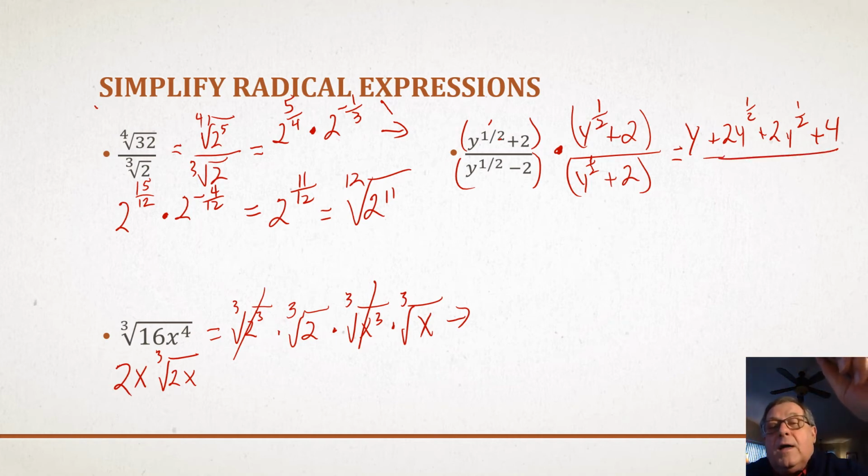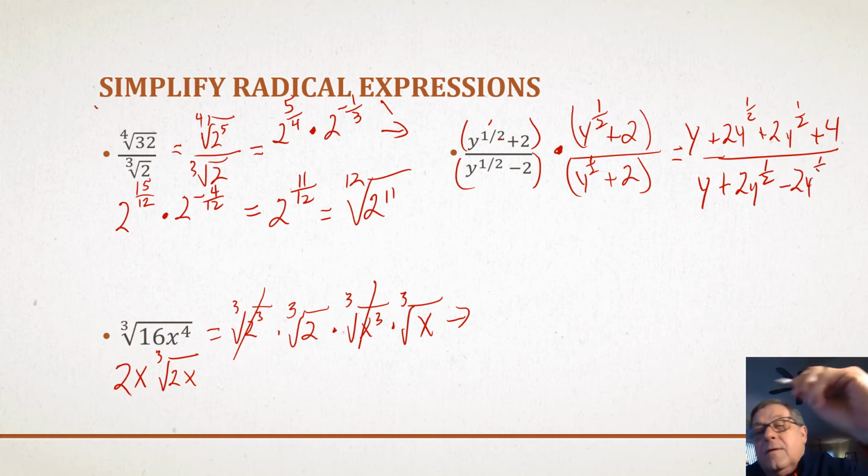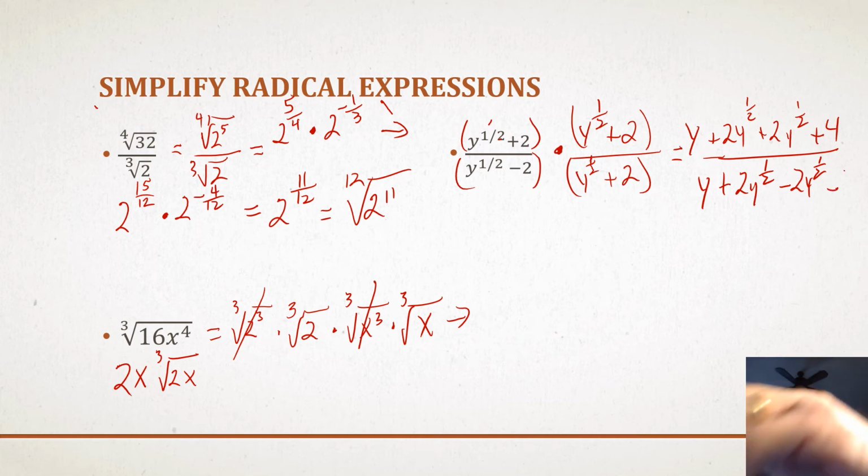All right, so now I've got y to the 1/2 times y to the 1/2 again, which is just going to be y. And then y to the 1/2 times positive 2 is going to be 2y to the 1/2. And then negative 2 times y to the 1/2 is going to give me minus 2y to the 1/2. And then negative 2 times positive 2 is going to be minus 4.